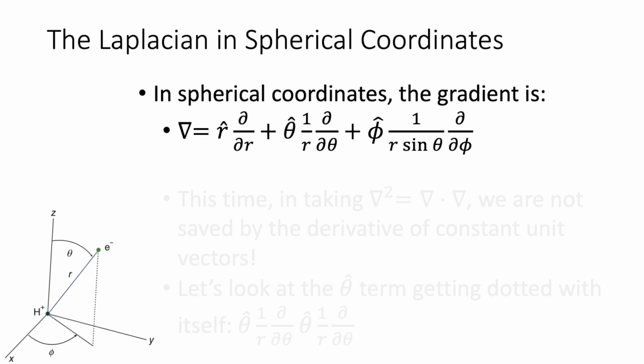Okay, that's just purely r, cool. The next one, we have theta hat, but there's an r in there, right? And it does have d/d theta, but it's multiplied by 1 over r. And then, of course, the last one has all three, right? 1 over r sine of theta times d/d phi. Okay, so things are more complicated.